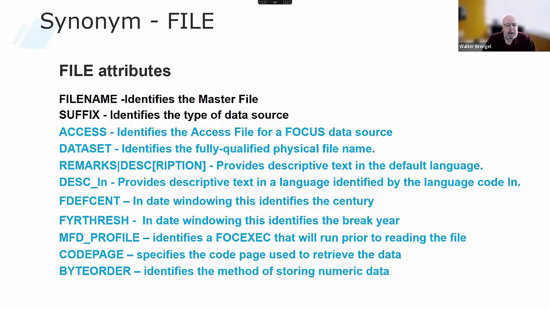So what you do is if you have a file that has binary data in it, integer data, and you take it and you bring it over to, say, your Windows environment, you can then tell WebFOCUS that, well, this file was created on an environment that had a byte order of Little Endian or Big Endian. And then that way, if it's different than the one you're running, it will know how to read those binary values correctly.